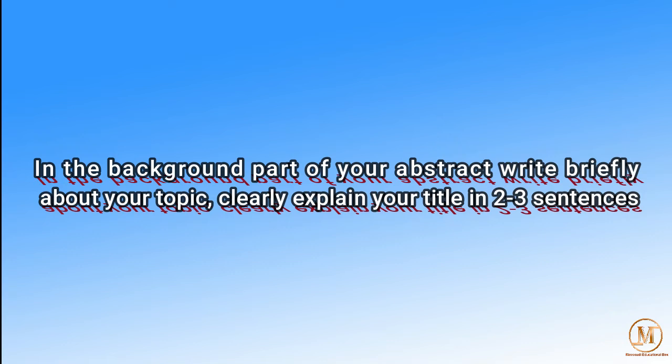What is the advantage of your topic? Who can use it? For example, I'm working on software engineering education. Software engineering education plays a vital role in teaching different software courses at undergraduate and postgraduate level. So we need to write 1 to 3 sentences about the title of our research paper.